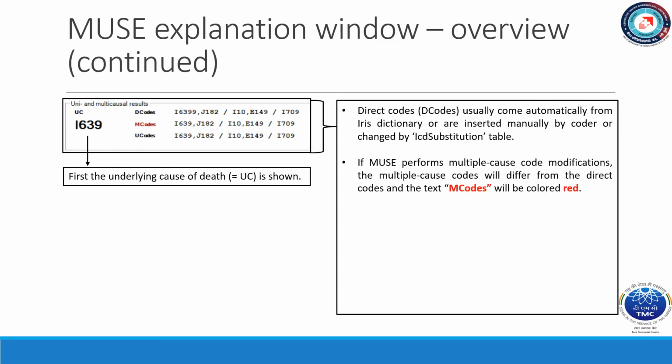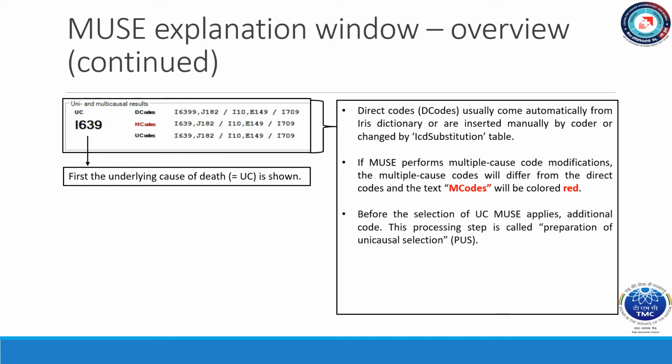Then are the multiple cause codes, that is M codes, and if Muse performs multiple cause code modifications, these codes will differ from the D codes and the text of the M codes will be colored red. Also then are the unicausal selection codes, that is the U codes.